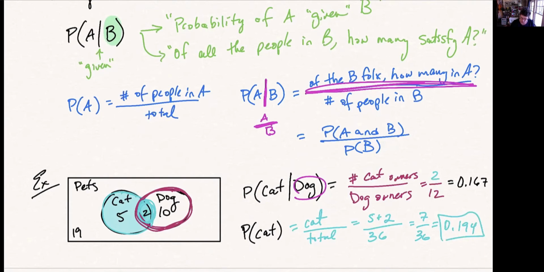So you see, this is a pretty big difference. Well, actually, not that huge. 16.7% versus 19.4%. That's pretty similar, actually. But the fact that these two are not exactly the same values means that these two things, owning a cat and owning a dog, are not independent.